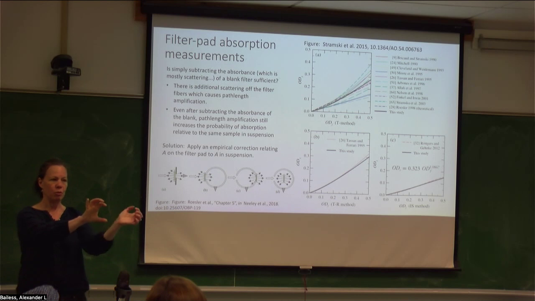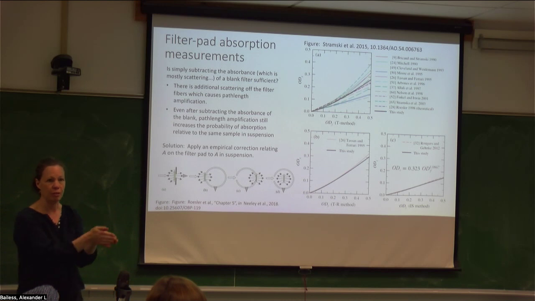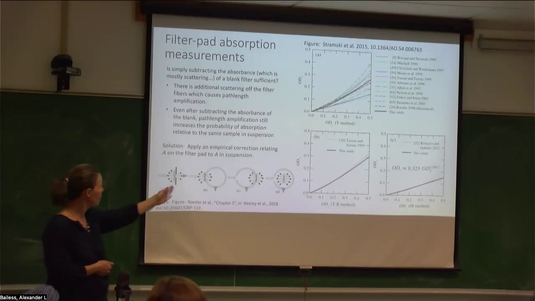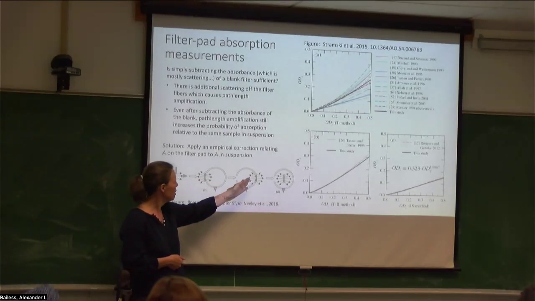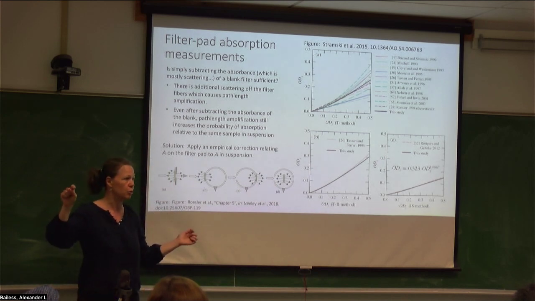Then you compare that to the filter pad version and come up with an empirical function that relates the filter pad to no filter pad, and so it accounts for the amount of path length amplification within the filter pad. It depends on where the filter is in the sphere. If you have it at the entrance or the exit versus in the middle, you're going to use a different empirical function to correct for the multiple scattering in there.